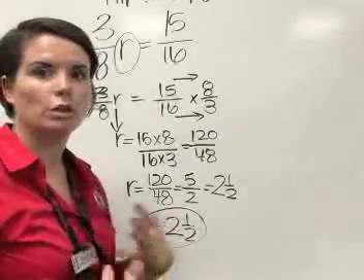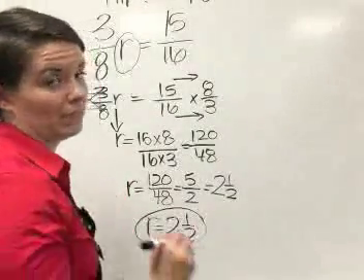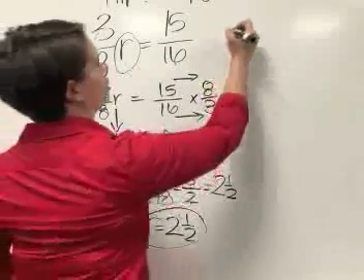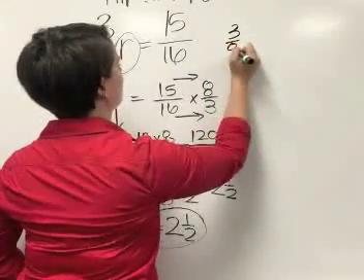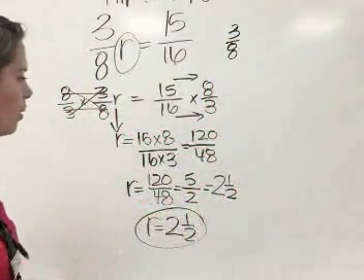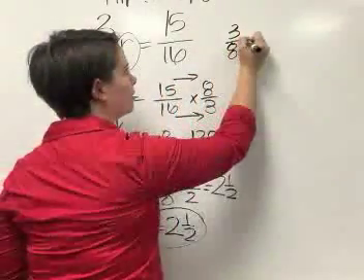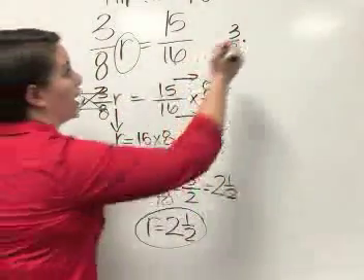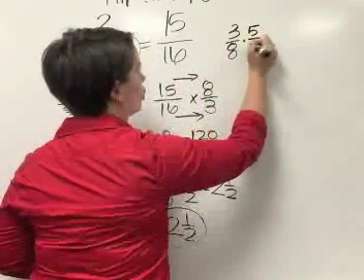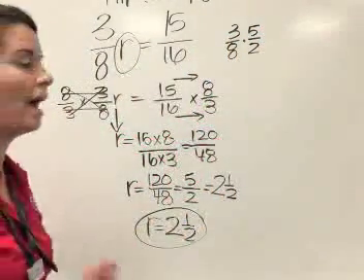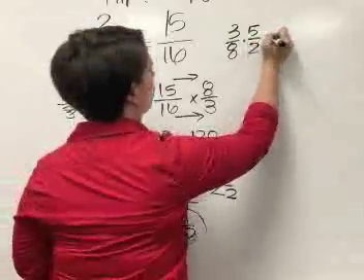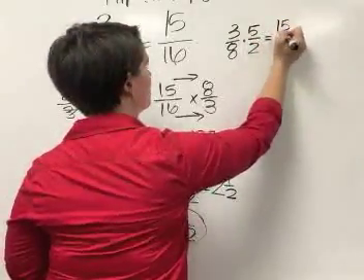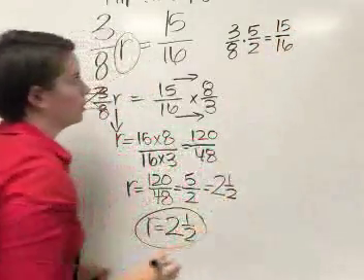To do that, I'm going to use my improper fraction because it will be easier to multiply. So I have 3 over 8, and I want to multiply it by my answer, which is 5 over 2, or also 2 1/2. So I want to make sure it equals 15 over 16.